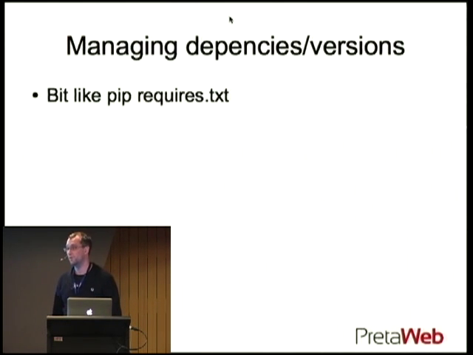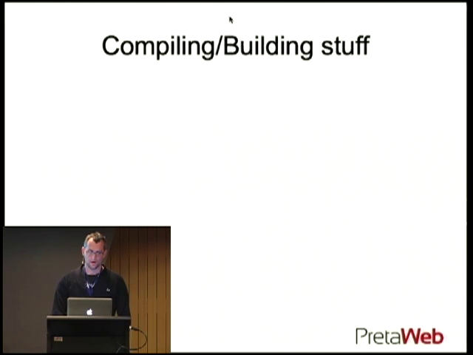That's a little bit like pip requirements. It also compiles things, like C modules, or it compiles and installs things like Nginx. So it's a little bit like make or ant, if you're familiar with the Java world.